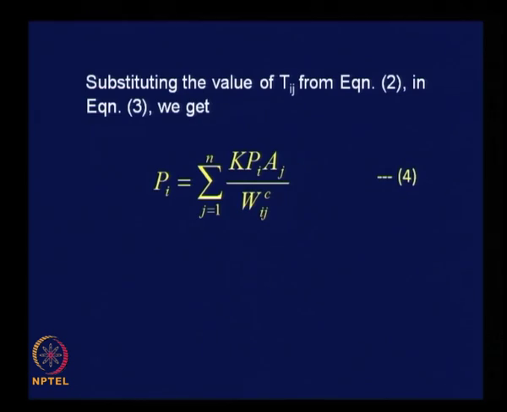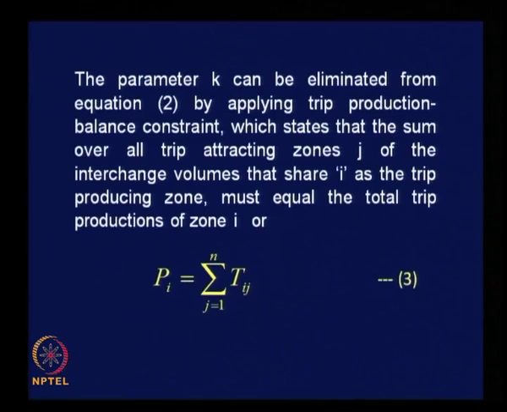Let us go back and see. We know the value of Tij from equation 2. As per equation 2, Tij is equal to k times Pi Aj divided by Wij raised to power c.